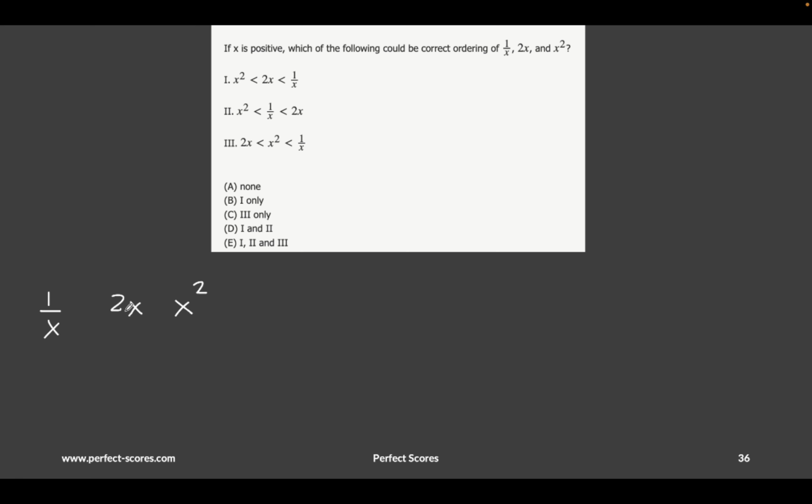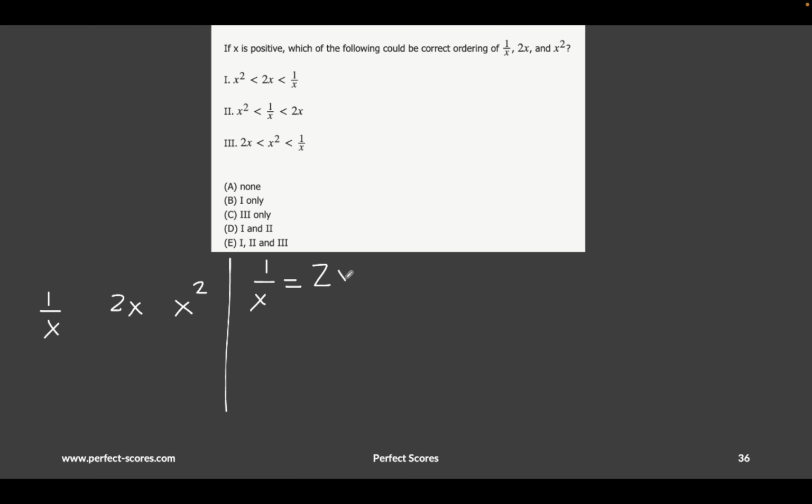What we need to do is find the critical points, the points at which these are equal to each other, so that we can find when they are less than each other and when they are greater than each other. So let's find the critical points. The first critical point is when 1 by x is equal to 2x.